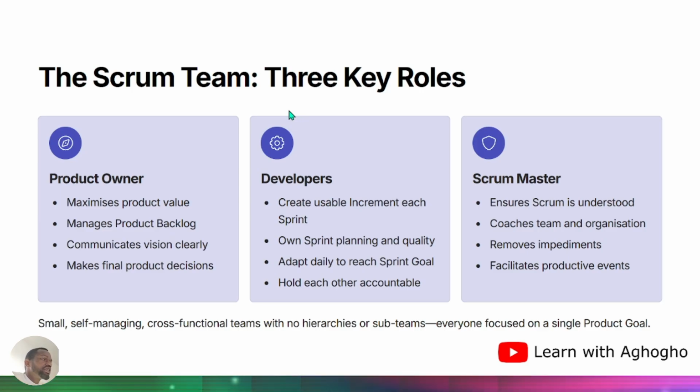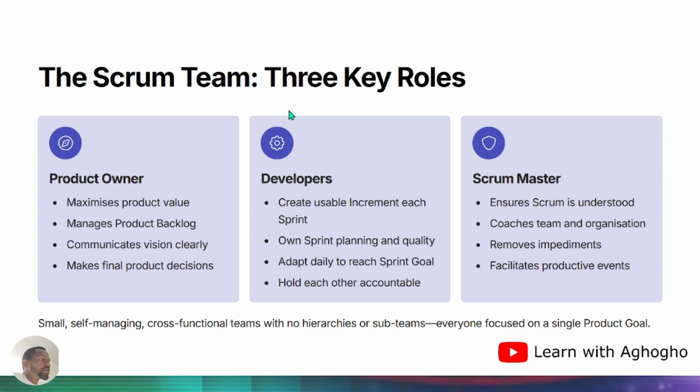Developers are involved in the execution of those stories that have been generated by the product owner via getting feedback from the stakeholders. They create usable increments in each sprint. They own sprint planning and quality, adapt daily to reach the sprint goal, and hold each other accountable. The Scrum Master ensures Scrum is understood.